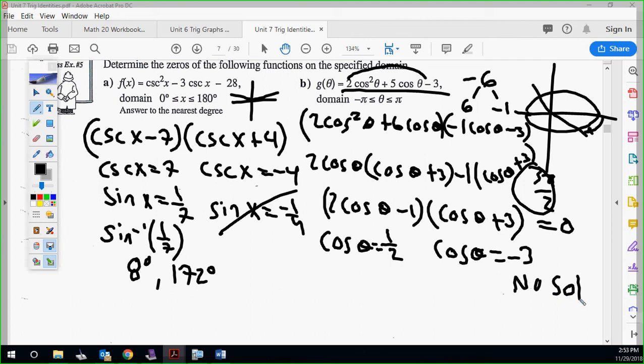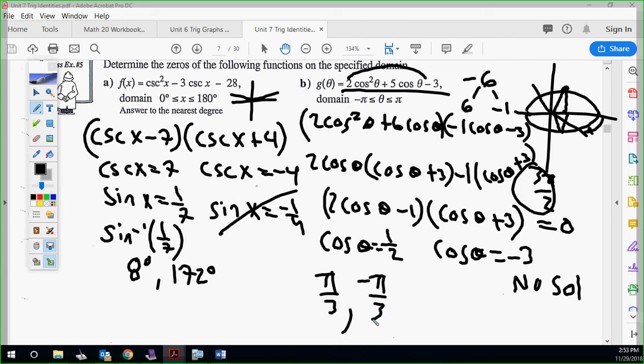Okay, cosine of 1/2, so we're looking for the x to be small. So x is small at these locations, and we want just positive 1/2. So we want this one, and then we want this one. We already did that bottom one for the negative, so that shouldn't be too bad. The positive answer for this guy is pi over 3. And then what's the other one? Just back that far, right?